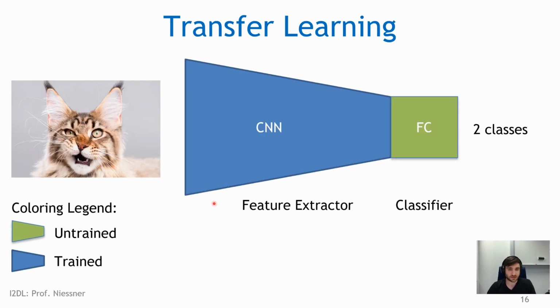So we take the feature extractor, which was pre-trained on ImageNet on these 1,000 classes, but only up to a certain layer in the network. What's left is only the classifier part, the last few layers or even just the last layer, which will then map to our new set of possible classes. So in our case, only the two classes.